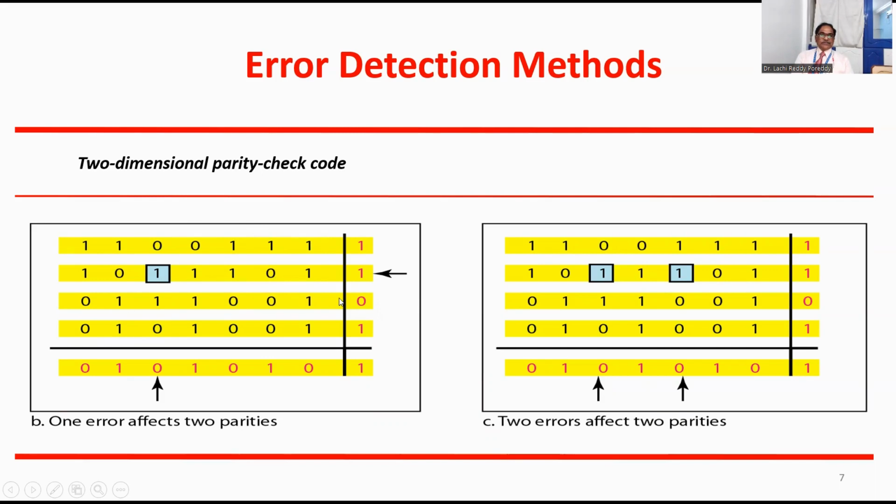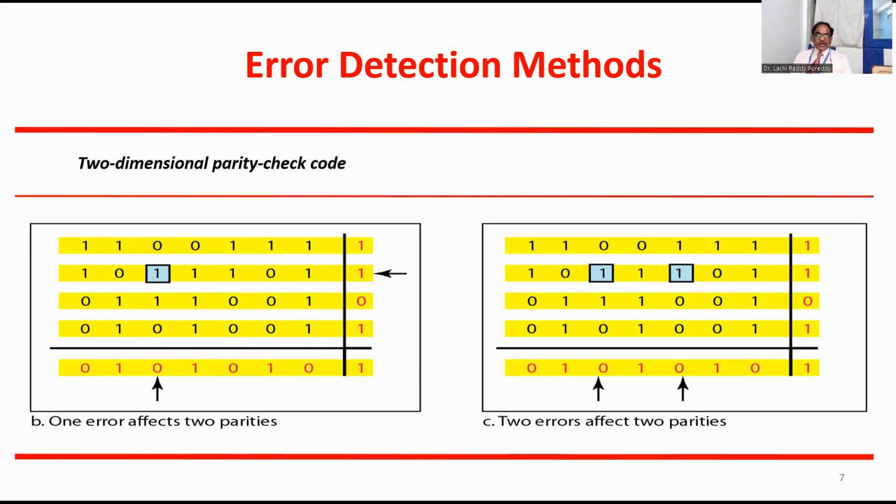Third row, even number of ones, no error. Fourth row, even number of ones, no error. Last row, even number of ones, no error. Column wise, first column, even number of ones, no error. Even number, no error. Even, no error. Even, no error, likewise. So that means we are assuming that this is received as it is. Initially, we are assuming that everything is received as it is, no errors.